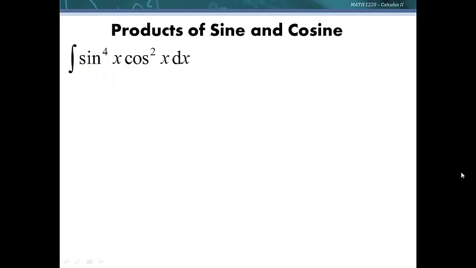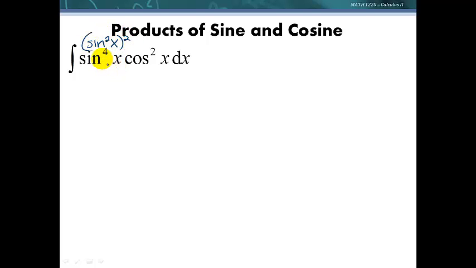So let's see what we can do with the products of sines and cosines raised to powers, and these are going to be a lot of work any way you look at it. But the thing that's going to clue us in as to what to try first still is whether the powers are all even or not, and in this particular case they are. So when the powers are all even, we are going to end up using those half angle identities again.